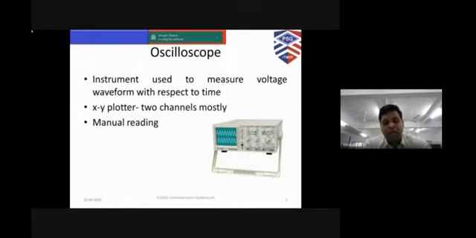If you remember, in our laboratory classes for electron devices or electronic circuits laboratory, you would have measured the voltage. How would you have measured the voltage? We have a voltage per division knob, and then we count the number of squares it covers in the y-axis and the x-axis. In the y-axis, the number of divisions covered multiplied with the voltage per division will give you the exact peak-to-peak voltage of a signal.